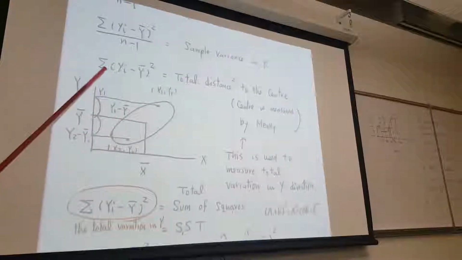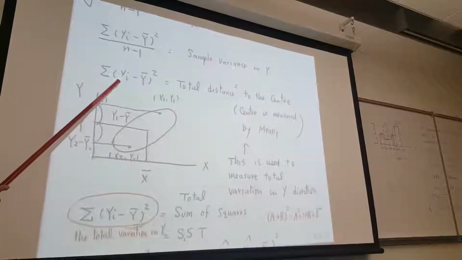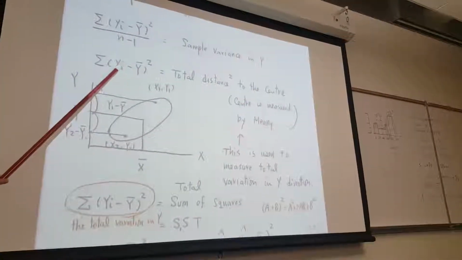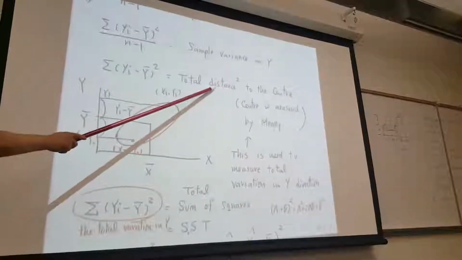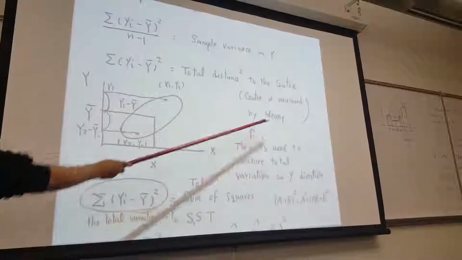So what is this term? yi minus y bar is the deviation of yi to what? The center of the y direction. Square it, distance squared to the center. Sum them up, it is the total distance squared to the center, okay? And the center is measured by the mean.